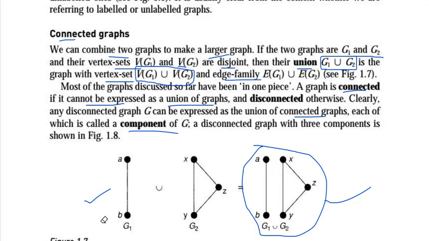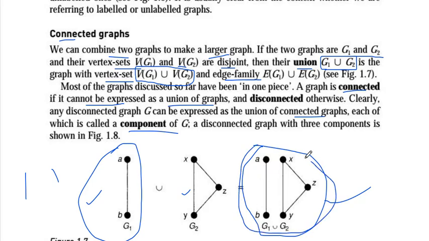Okay, let's say this graph G1. We cannot divide this graph and make it two different graphs. So this is a connected graph, this is also a connected graph, but this is called disconnected. Why? Because it is not connected, and we can make these two graphs and express it as a union of graphs, one union second.